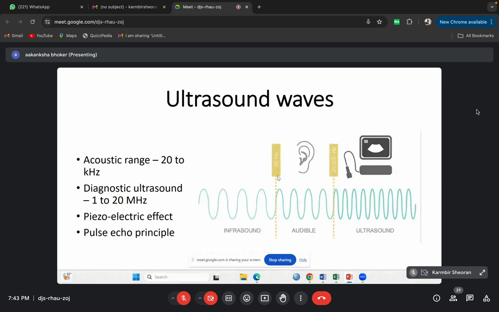But any sound below 20 hertz will not be heard. They are referred to as infrasound, and any sound beyond 20 kilohertz will again not be audible. Higher frequency sound waves are known as ultrasound.